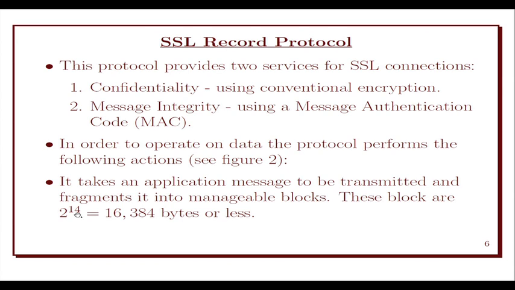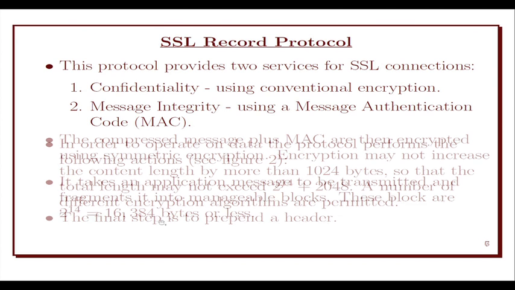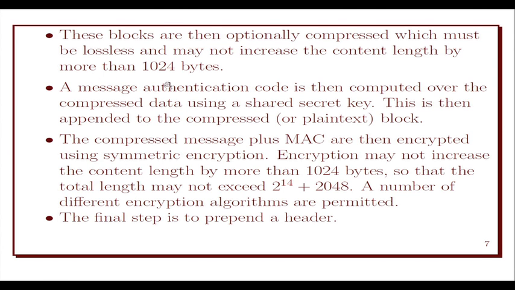So, we have the message or the data to be transmitted, and this data is broken into blocks or fragments, and each block has a maximum size of 2 to the power 14 bytes. This is the first step. After that, each block is compressed. This is optional.